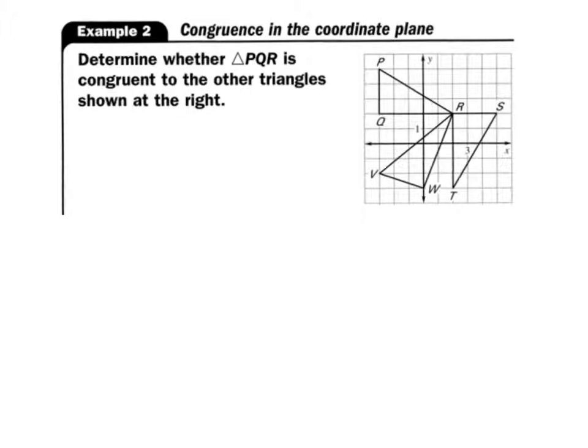Here's an example that's a little bit more involved. Determine if the triangle on top, PQR, is congruent to the other two triangles at the bottom. So let's look at them one on one. PQR is the first one, and RST is the second one. So let's look at these two first. Some coordinates are given.